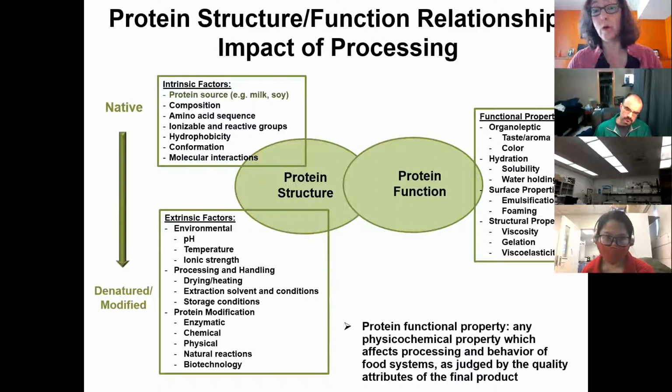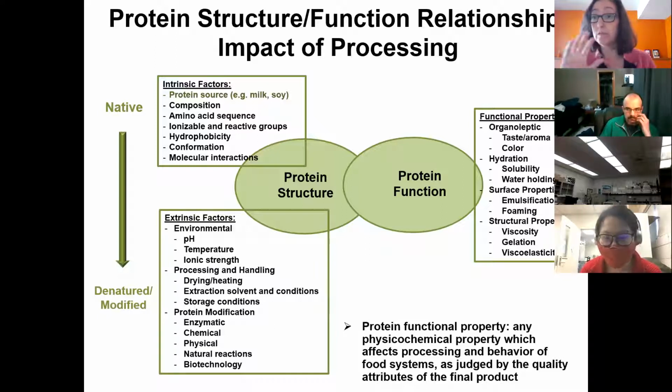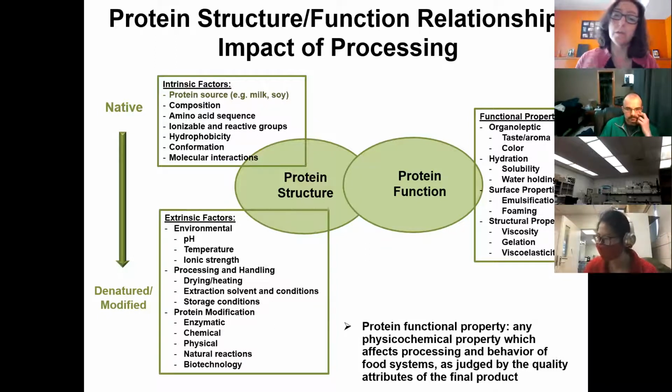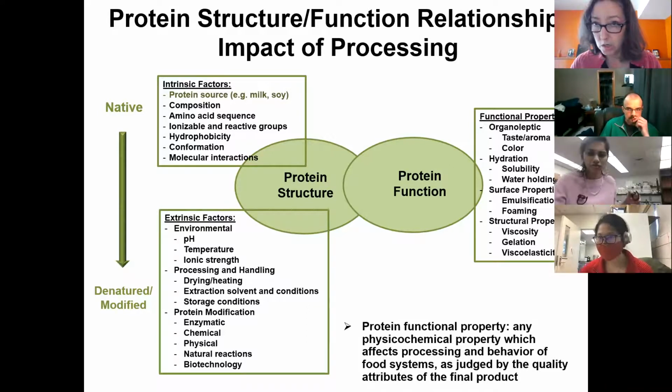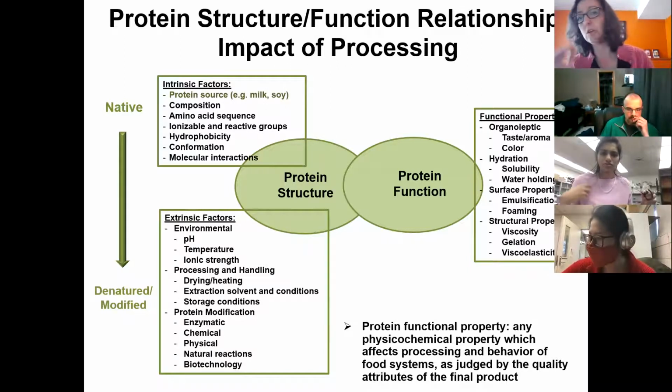So with that, we've covered a lot of ground, I would say, that gets us really prepared for the next portion of the course. We talked about protein structure, its intrinsic properties, and functional properties, and related structure to function. And we talked about what impacts protein denaturation and how that impacts structure and function.